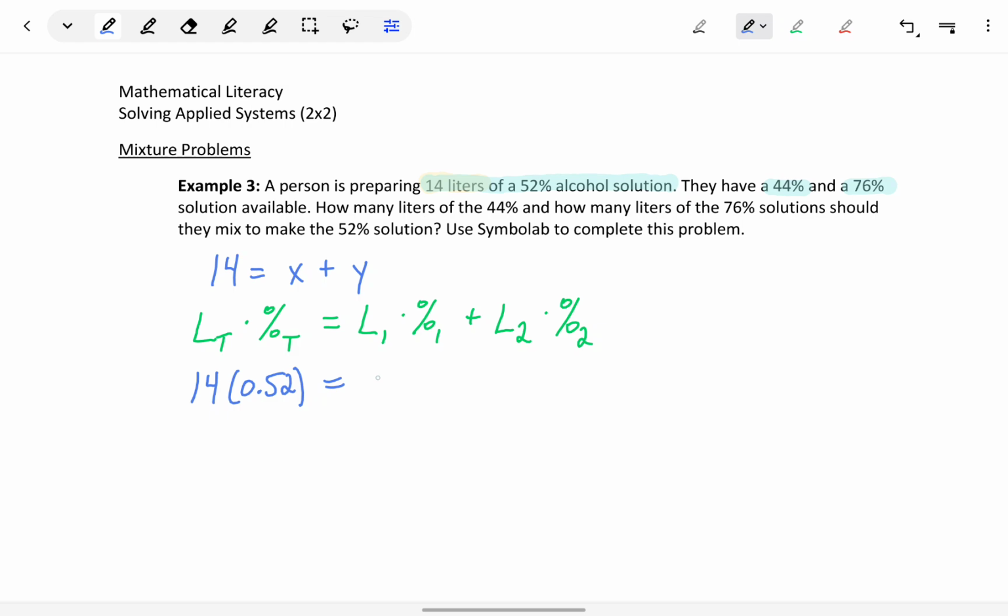So we're going to use some amount of this first solution, which is a 44% or 0.44 alcohol solution, and some amount of the second solution, which is a 76% alcohol solution or 0.76. And then we're just going to replace that L1, L2 notation with X and Y, so we're consistent with that first equation.